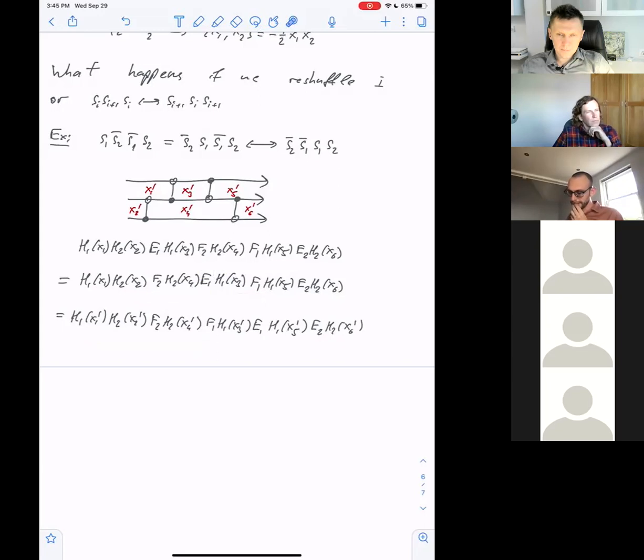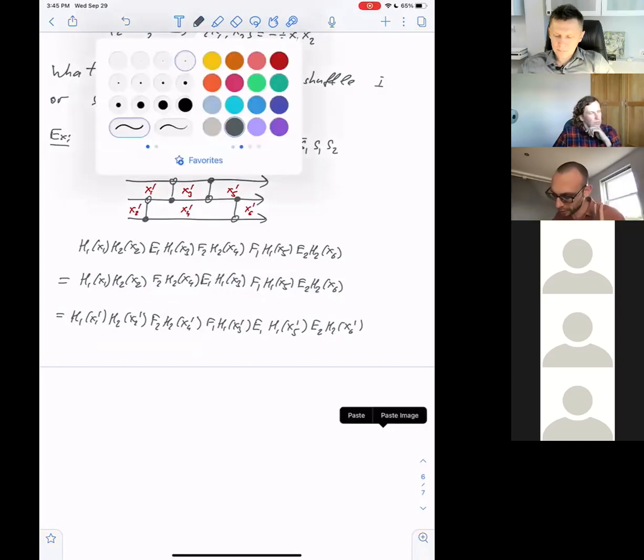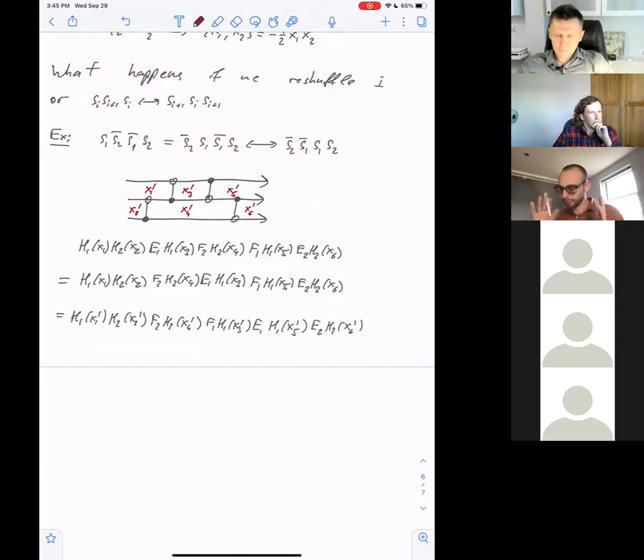Now, let's look carefully at these two things that we want to compare. The only place where they differ in a principal way is this place here, because I have E1, H1, F1, and here I have F1, H1, E1, right? And the question is how we solve this for the new variables, x1 prime up to x6 prime.